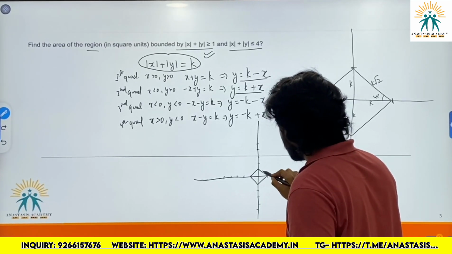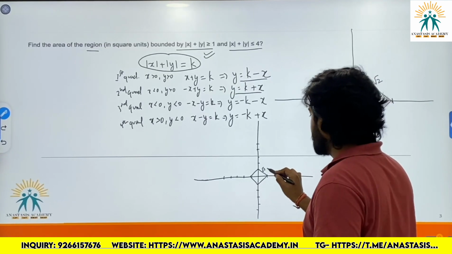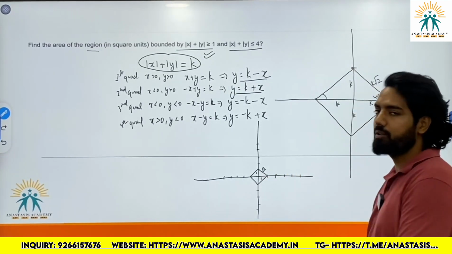It's a square having side root 2, because these distances are 1 and 1, so the side would be root 2.